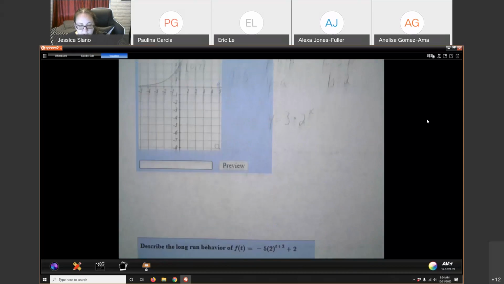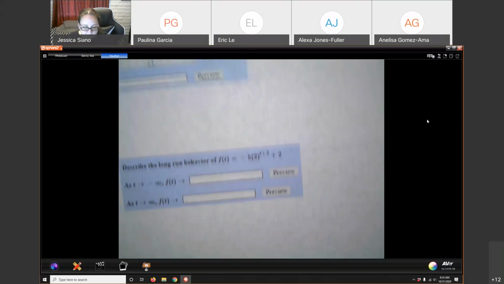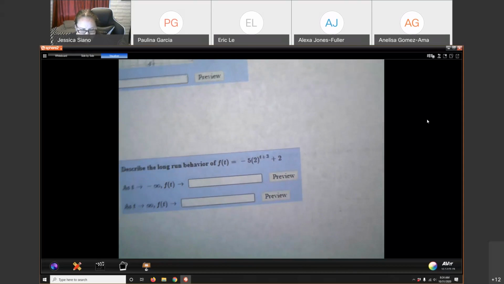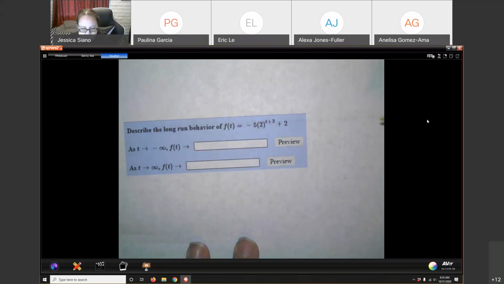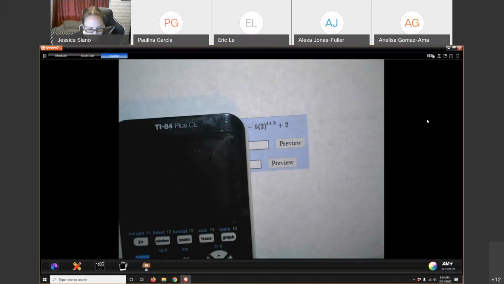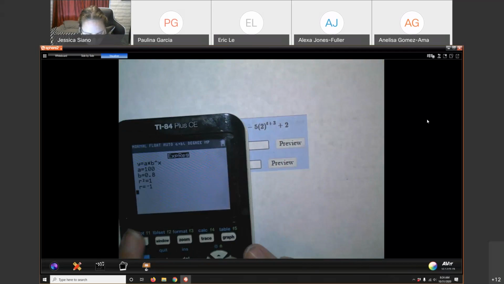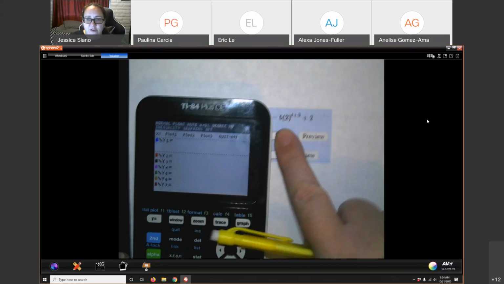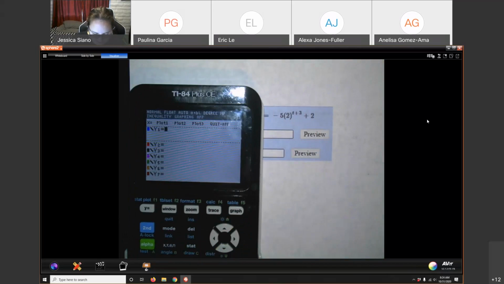All right. So describe the long run behavior, that's end behavior, of, let's graph it. I'm going to graph it and then when we're looking at the graph, we'll talk about what all these things did to it. -5 times 2 to the x plus 3 plus 2.